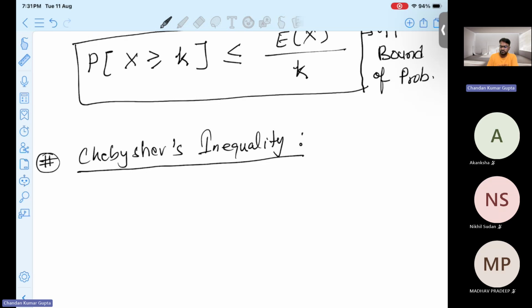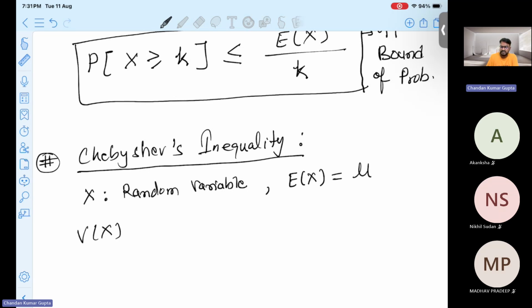For that, we are given a random variable x, and we are also given the expected value of x, let's write it as mu, and the variance of the random variable, let's write it as sigma square. These two exist, meaning the first order moment as well as the second order moment exist.